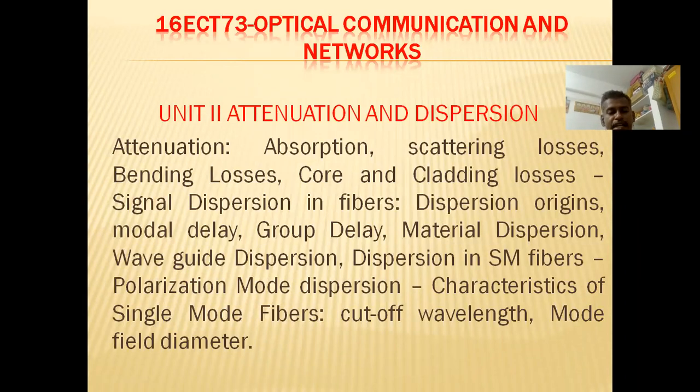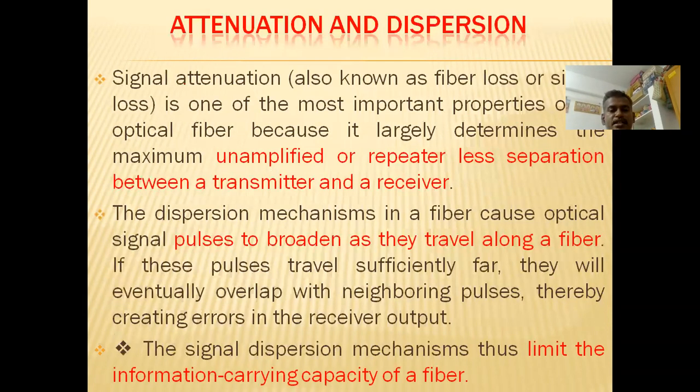The second part is dispersion. In dispersion, we are going to see modal delay, group delay, material dispersion, and waveguide dispersion in single mode fiber optical cable. After that, we are going to see design characteristics of single mode fiber optical cable, that is, cutoff wavelength and mode field diameter.